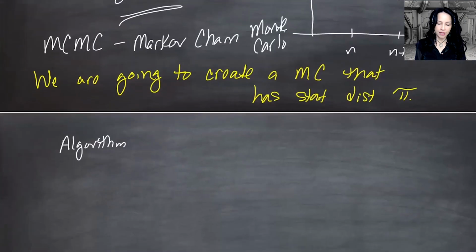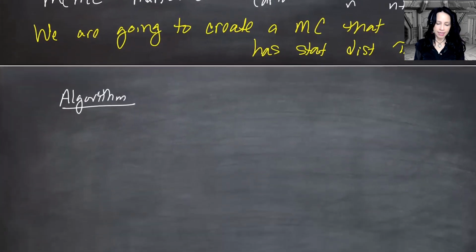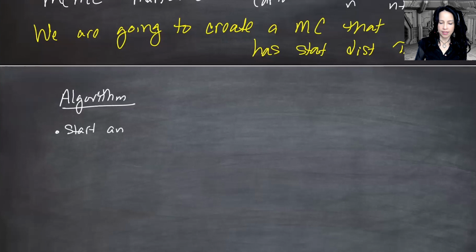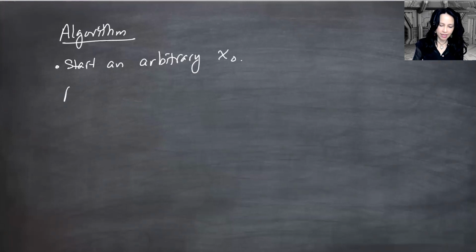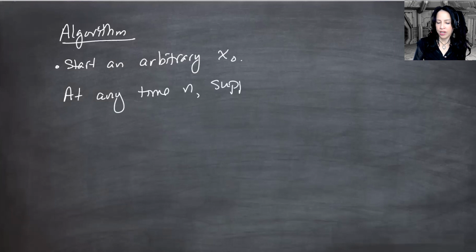So let's do it. The Metropolis Hastings algorithm, we're going to start at an arbitrary point. I'm going to call it x0. Again, this could be a vector, could even be a matrix. And so I don't think it's worth putting an n and n plus 1 in the algorithm. So let me just say like at any time n, suppose the chain is at some value.